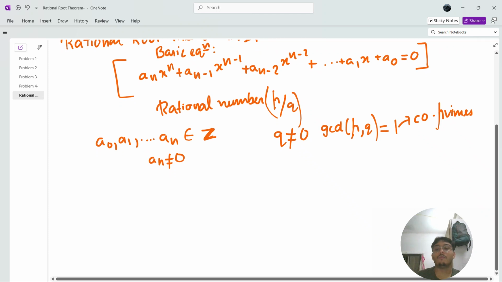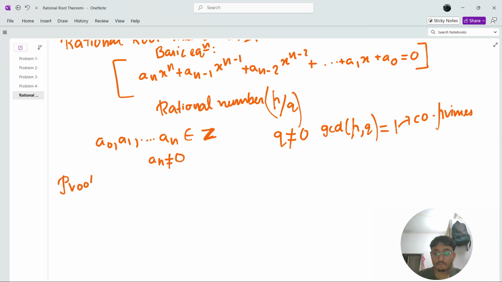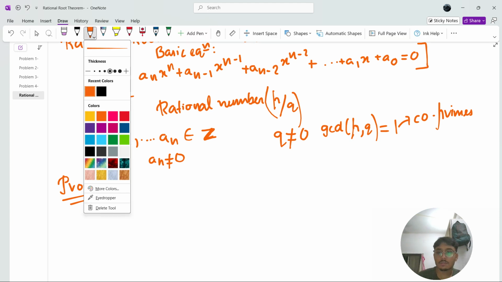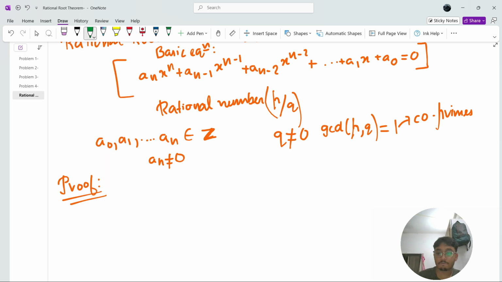Now comes the proof: how is it possible? We are claiming this, and now I will be showing you the proof. This is the main agenda today, to know how the proof is done so that we can apply it from scratch. I'm changing the color. I think it looks good with orange.